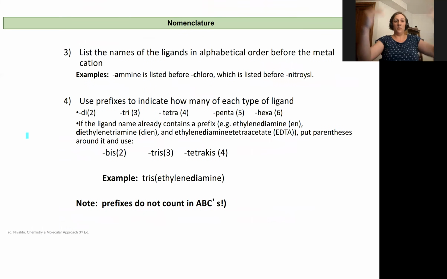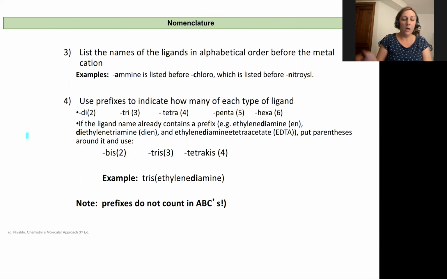Okay, so moving on, now that we've got the idea of how we name ligands, which is a whole thing, then what we're going to do when we're naming that complex ion is list the ligands in alphabetical order before we say the metal cation name. So amine would be first, it's got an A, chloro would come next, it's got a C, then nitrosyl would be with an N, so it would be last in some sort of naming structure.